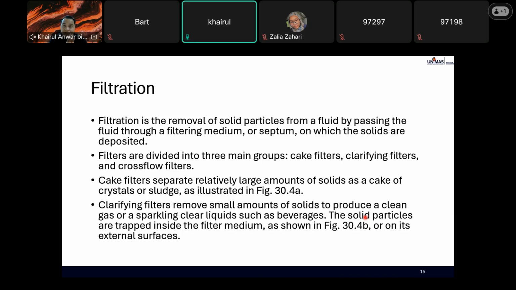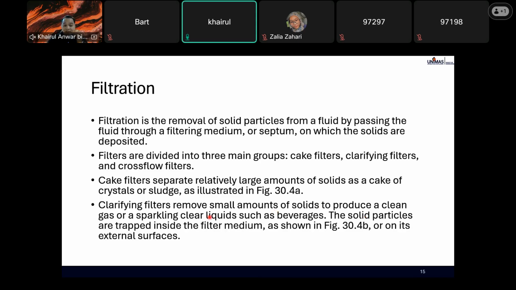Since we theoretically have two filters, the actual filter and the cake filter, the energy required for the liquid to pass through is higher, which incurs cost for the pump, and the amount of water that we can collect is lower because of the two filters in one.